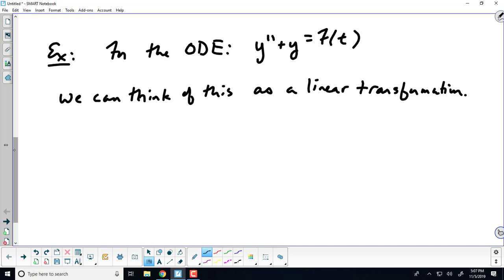And in this case, we're going to call it L2, and L2 is going to map from C2 of R to C of R. Okay? Folks, we've used this notation a few times, but we might have forgotten it. So remember that C2 is the twice differentiable functions.